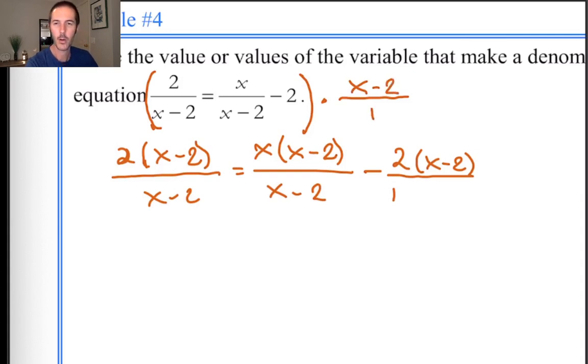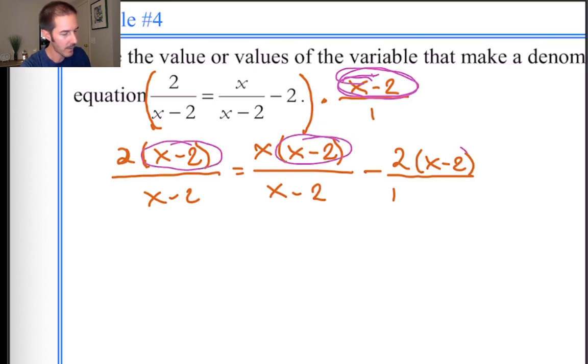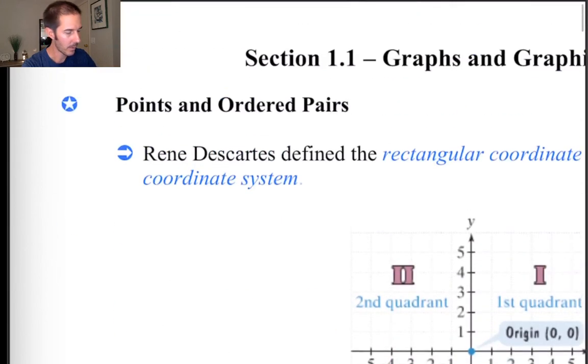So I'm multiplying all of the terms in my equation by x minus 2 over 1. And here's where, if you had a highlighter, you could come in and highlight this numerator here, and then this, and this, just so you can see where those are coming from. Or you could have written them in a different colored pen or pencil.